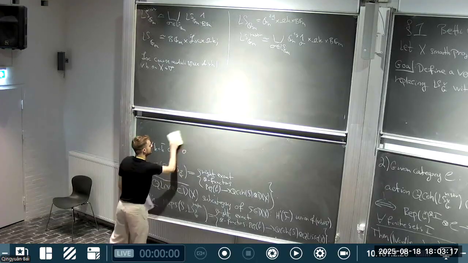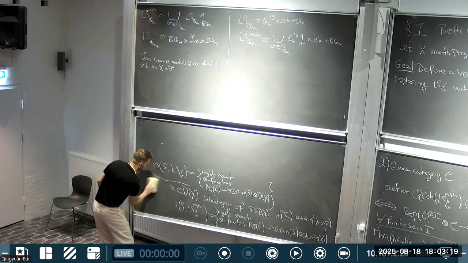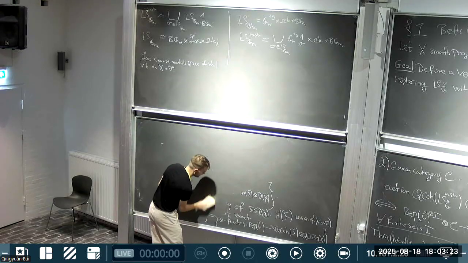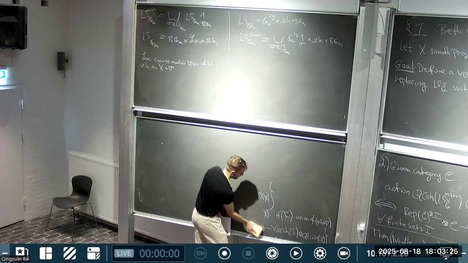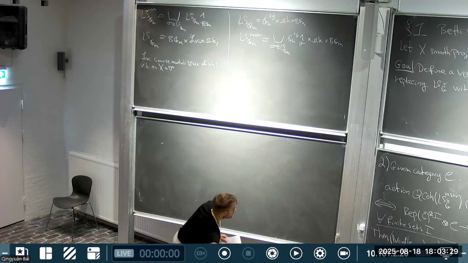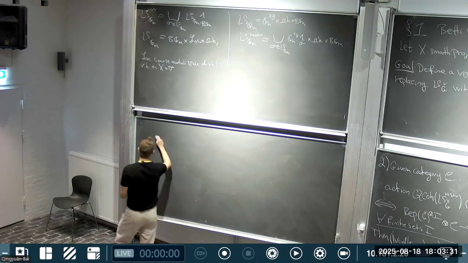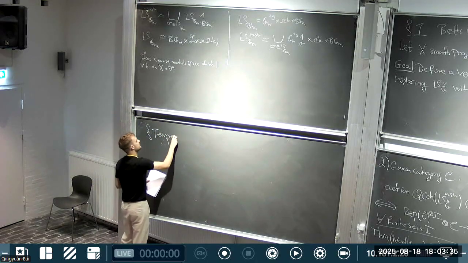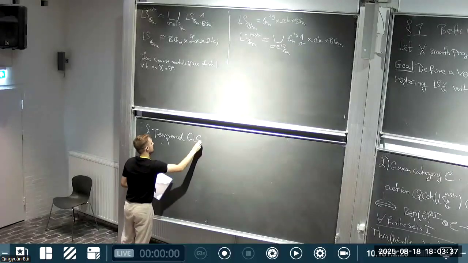All right, let me not define too much, but let me just say something about this tempered part. So, tempered geometric Langlands, in some sense, is not as important as the others. It's just the following.